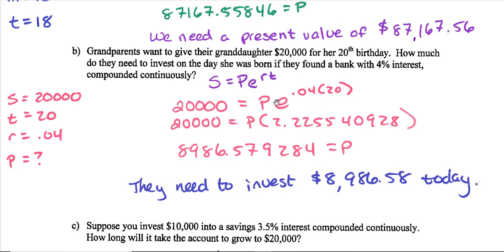Figure this number out first. e raised to the 0.04 times 20 is 2.225540928. It's important that you save your rounding until the very end. Divide 20,000 by this number and you get 8,986.579284, which is your P. Rounding to dollars and cents, these grandparents will need to invest $8,986.58 today.